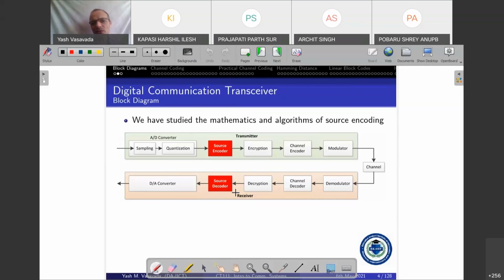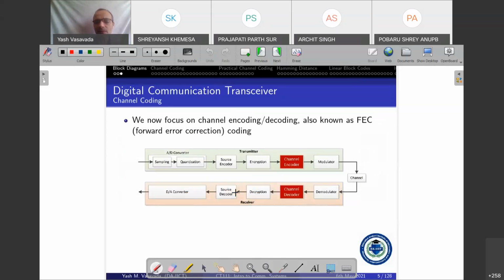So this source encoding is part of the physical layer. Sometimes it is also part of the application layer, the topmost layer. And that is what we have already studied. So now we are going to go to channel coding. We will not cover encryption and decryption. Again, that is a separate course in itself.